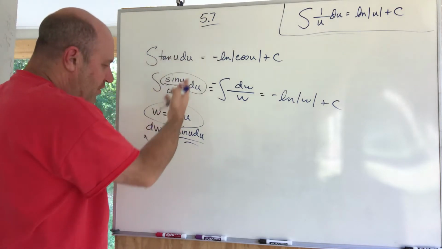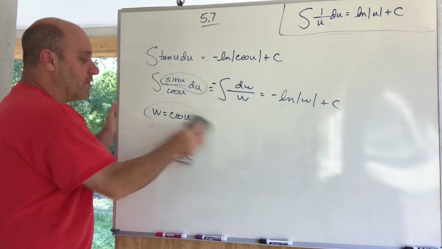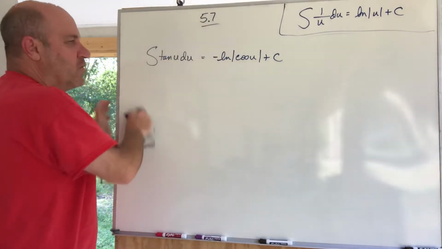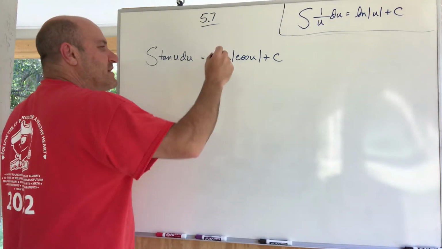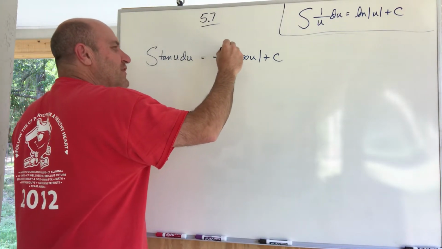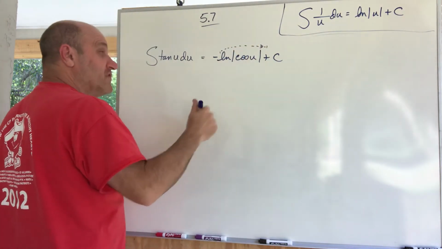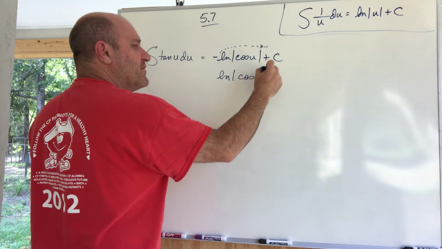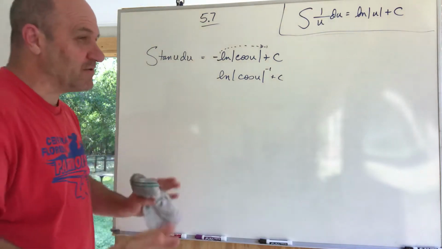But again, you could go through that procedure or you could memorize that. Another one. Well, actually, a couple thoughts here. One is, if you took that -1 using log properties and moved a -1 up there, all of a sudden you have the natural log of the cosine function to the -1 power. That's not cosine inverse. Don't make that mistake.